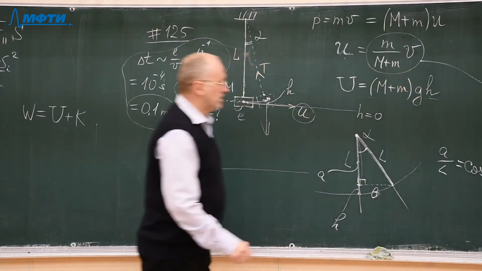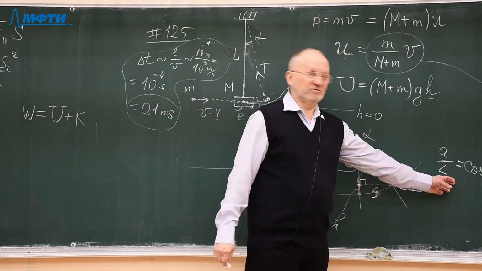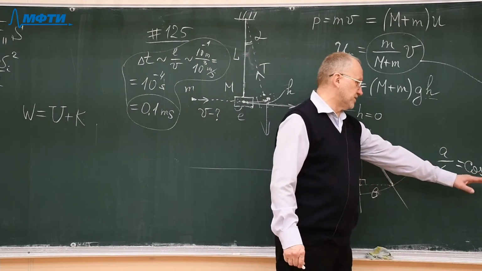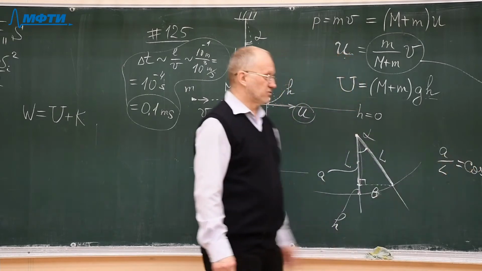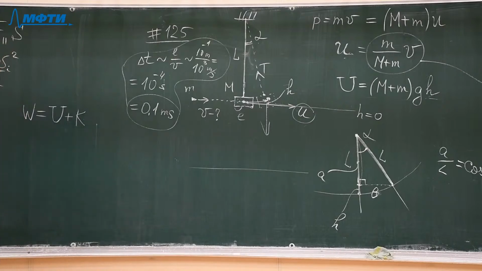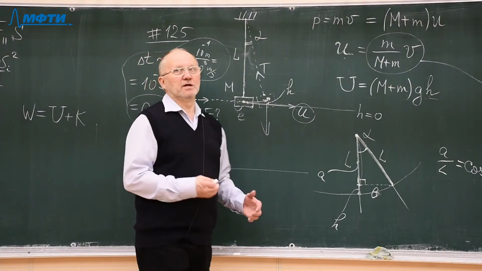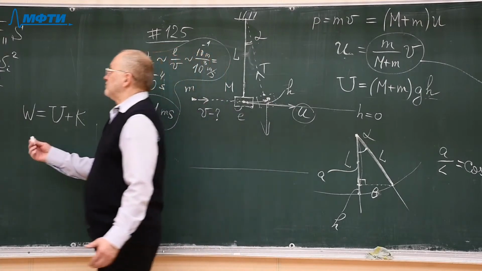By definition of cosine, this is not a law of physics. It's not a law of mathematics. This is just the definition of the mathematical function cosine. You should always know where you deal with a definition and where you have a law of physics. The definition is absolutely accurate because we define it in this way.